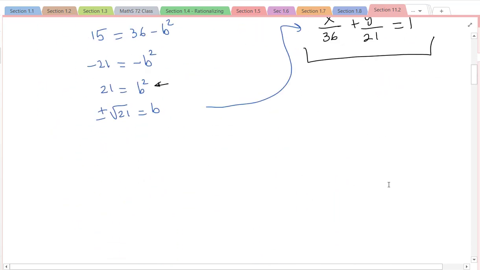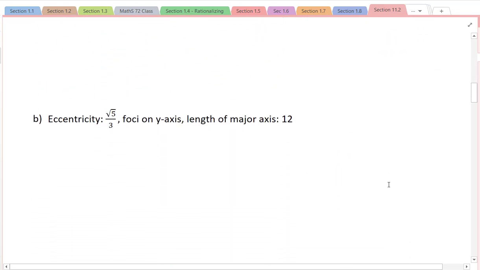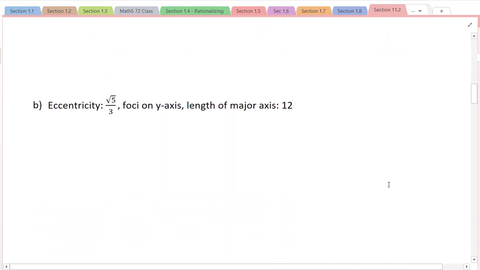So let's try a second example. Same thing, find the equation of an ellipse with, now we're given the eccentricity, the foci on the y-axis, and the length of the major axis is 12. So again, we want the equation of an ellipse.